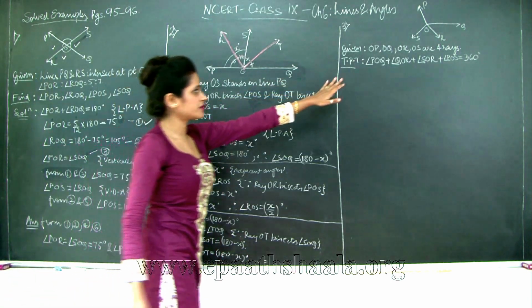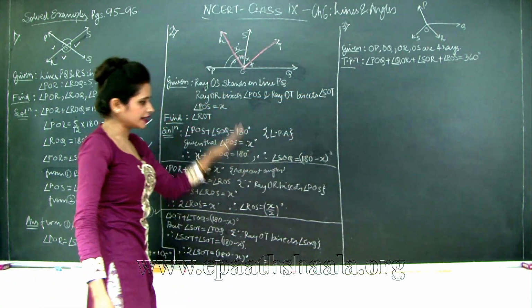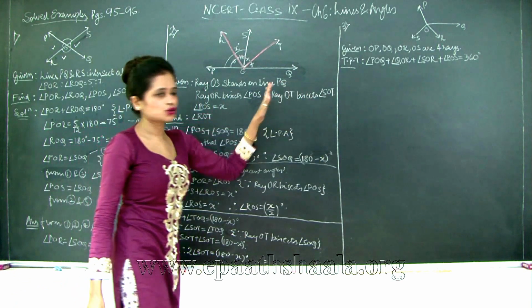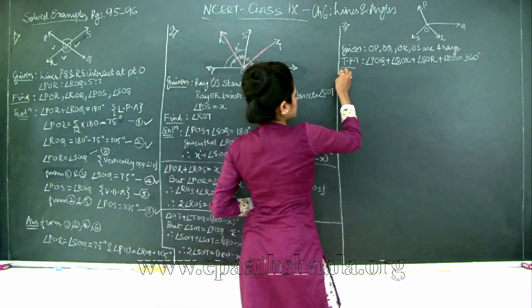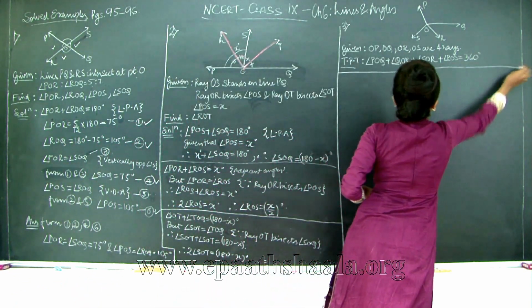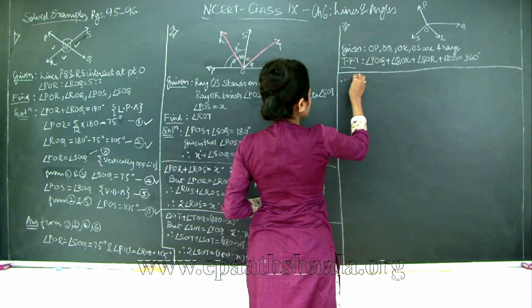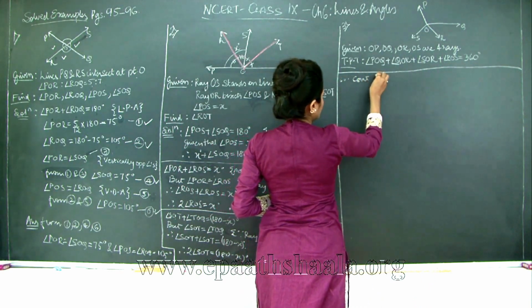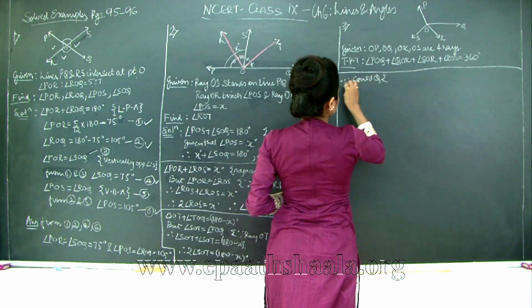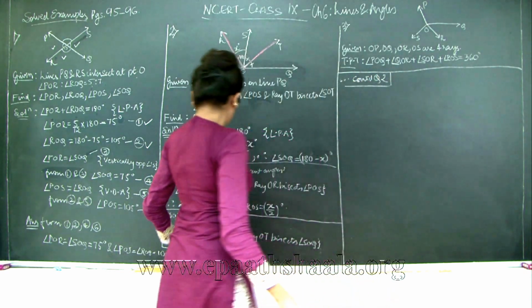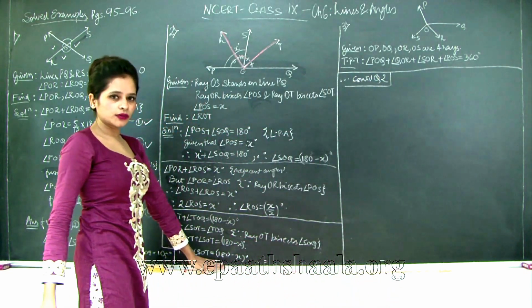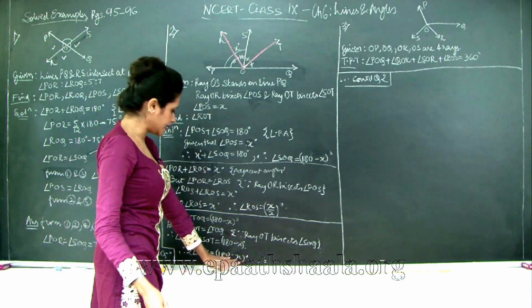This is question number 3, but let's continue our sum over there. We will erase this section to solve the third question. So I'll say continuing question 2. Therefore, angle SOT will be 180 minus x degrees upon 2.